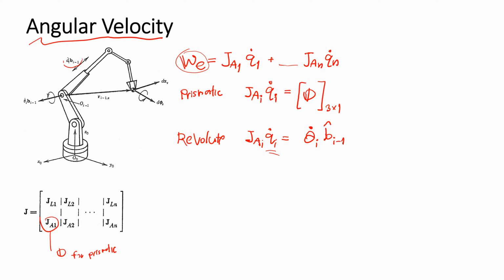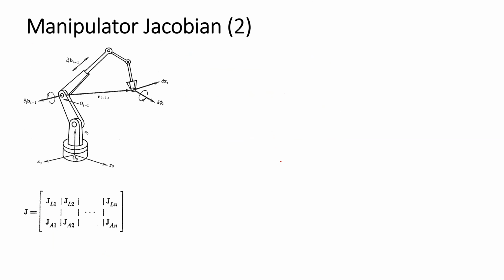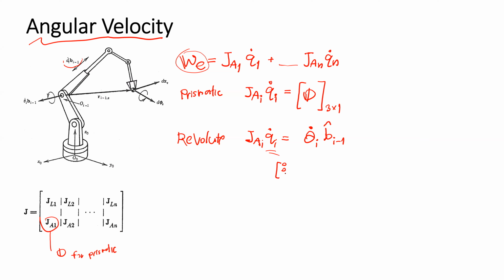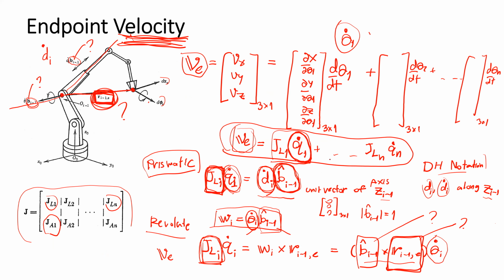For example, if we have theta dot of joint 1 about the z-axis, what can we change with the orientation at the endpoint? It's just straightforward like this for a revolute joint.